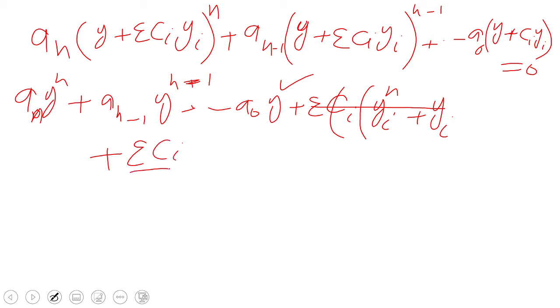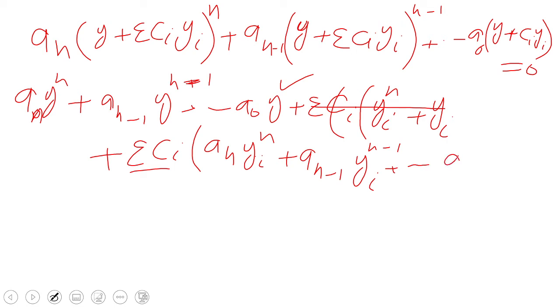They both are constants, I take them out: a_n yi^(n) + a_(n-1) yi^(n-1) up to a_0 yi, and that's it.